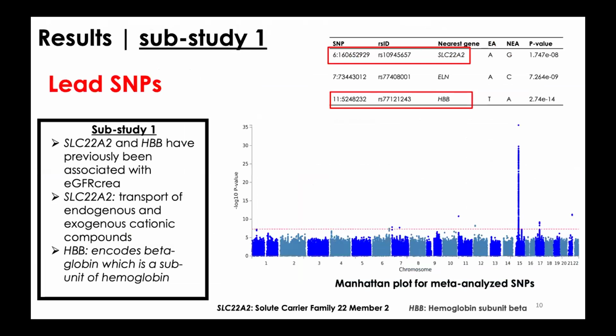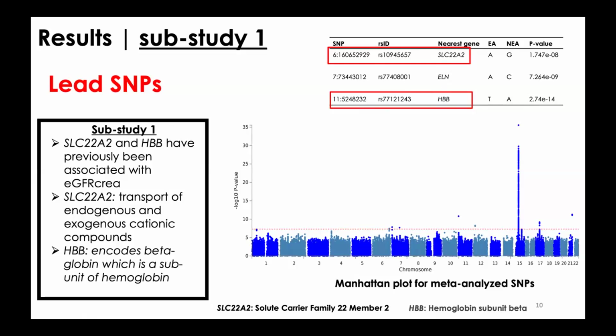We see that 2 of those variants out of the 8 were mapped to previously reported kidney function loci, like HBB and SLC22A2. SLC22A2 is a cationic transporter, and it has already been reported. Mark my word, not just in Africans, it has been reported in other ancestries, and it's mapped to kidney function.